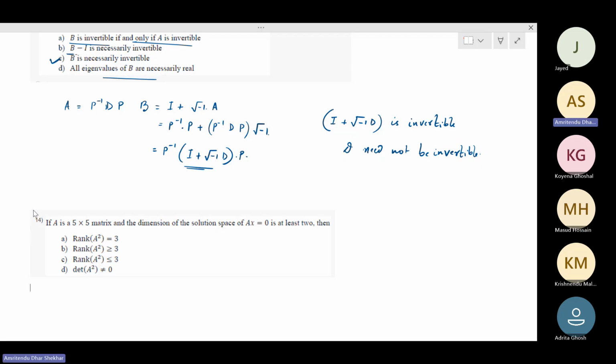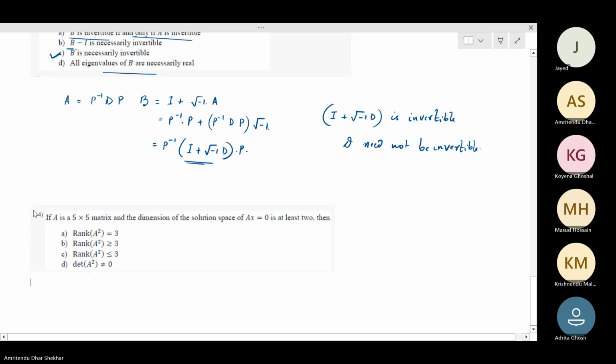Here it is given that the null space of A has a dimension greater than or equal to 2. Now, if you denote this null space by N(A), then we can always find a complementary subspace, right?